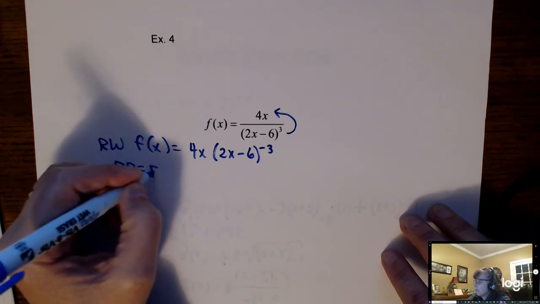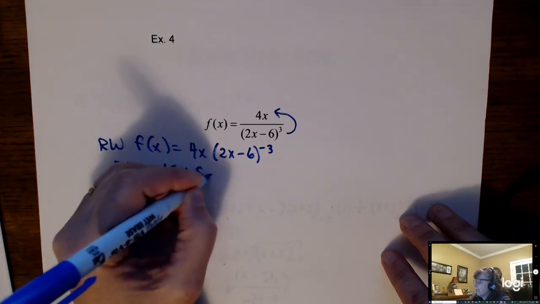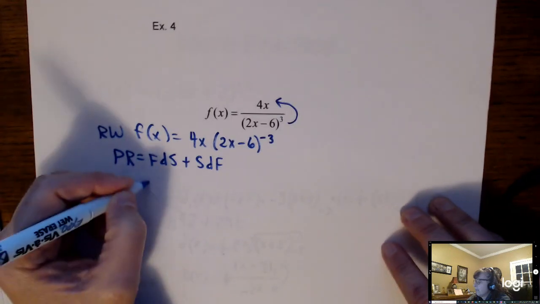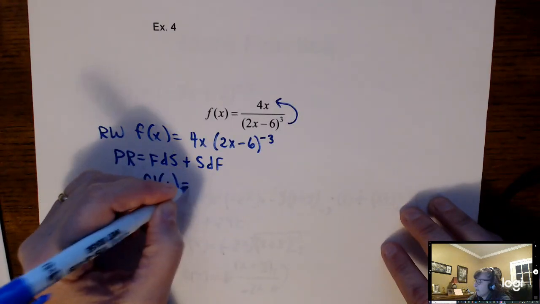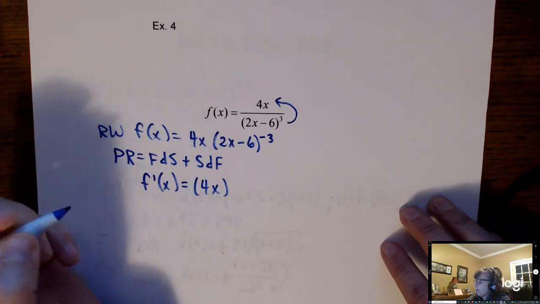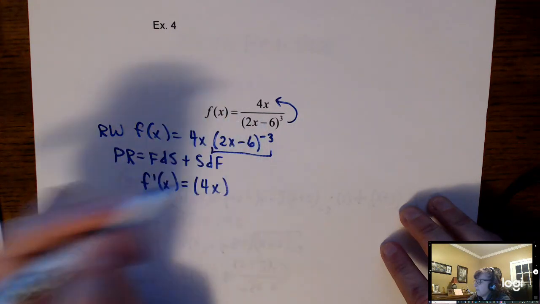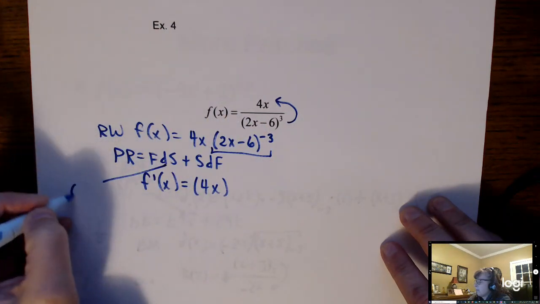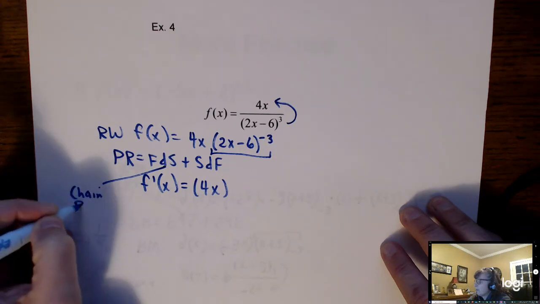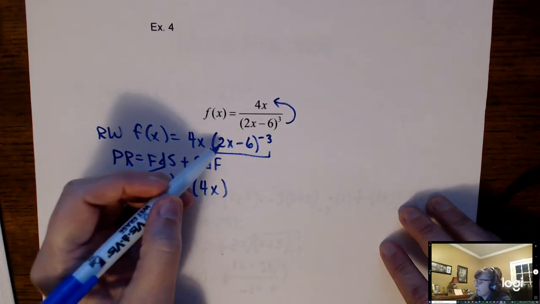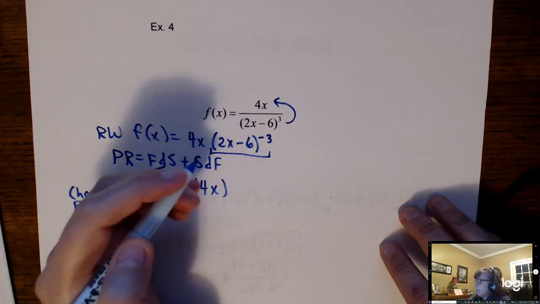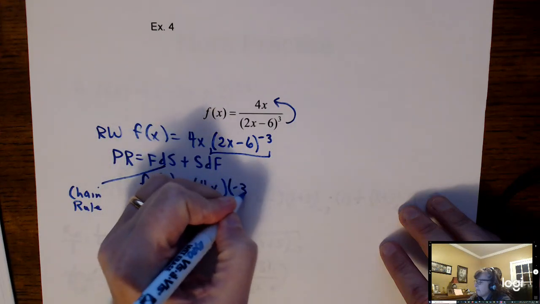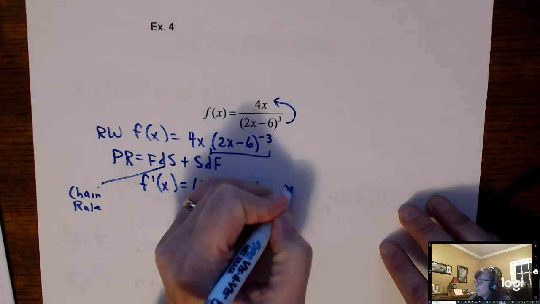So that's first times the derivative of the second plus the second times the derivative of the first. So the derivative is the first, 4x, times the derivative of the second, and we're going to need to use the chain rule. So u to the negative 3 is negative 3 u to the negative 4.